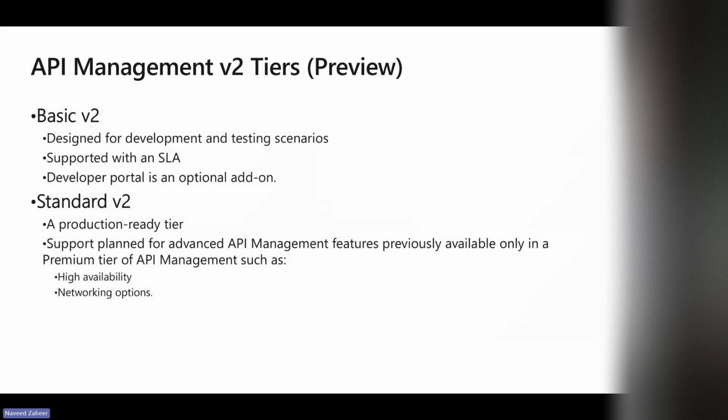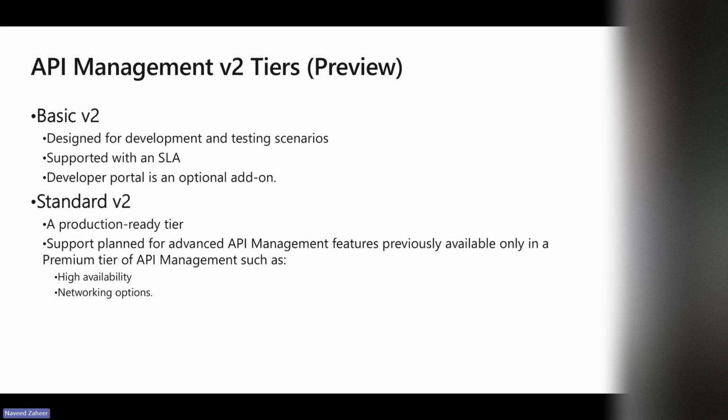Okay, so now let's talk about basic V2 and standard V2. First of all, both of these SKUs have an SLA, so that's a key thing to remember. Though basic is targeted more towards dev test or low load scenarios, and standard is targeted toward production scenarios.